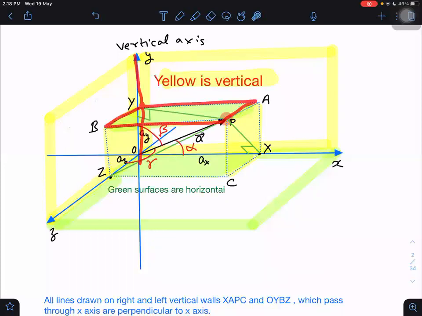It means that if I take this vertical line y-axis and this horizontal surface, and I draw all the lines passing through y, then all those lines will be horizontal. And if all those lines are horizontal, then all those lines will be making what angle with the y-axis? 90 degrees.